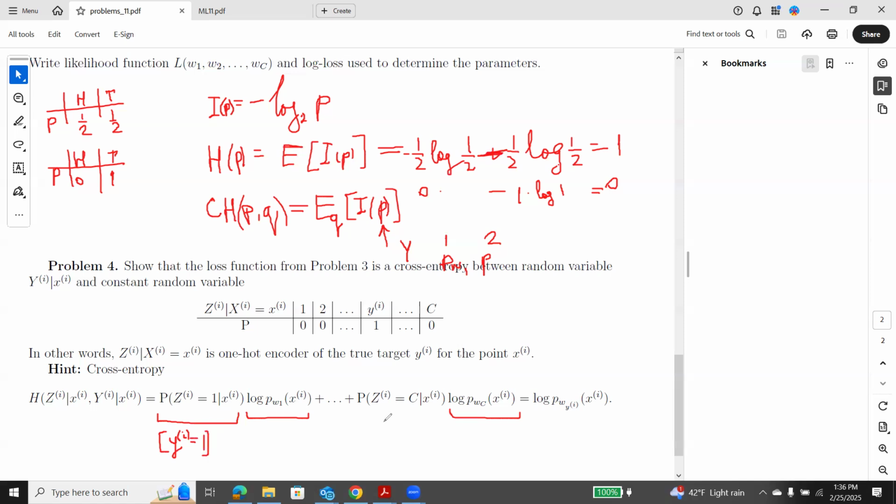The probability that the true label is C is the same as yi equals C. If you compare the function from problem 3 with this function, you should notice that they are equal. This explains the term cross entropy loss: it's called that because it has a connection with the definition of cross entropy.